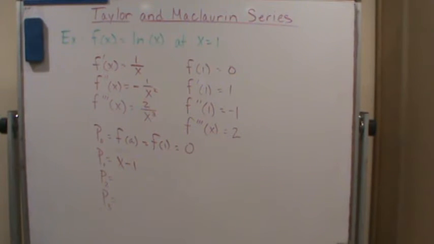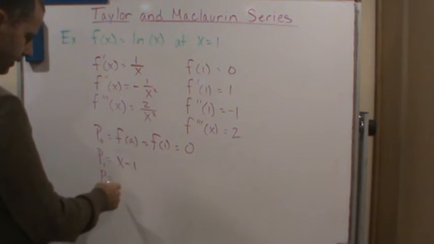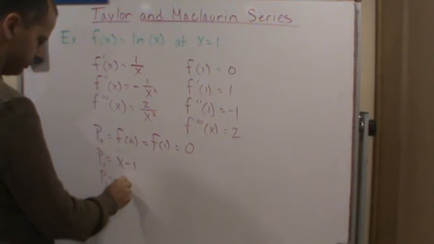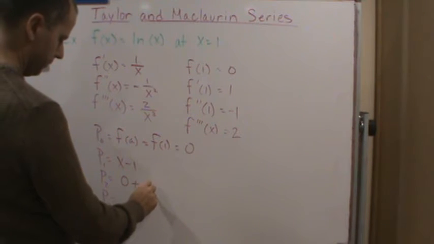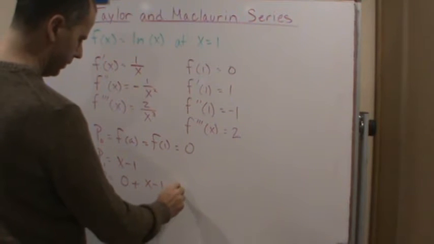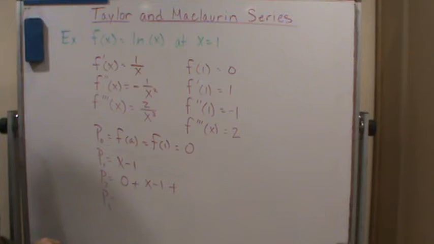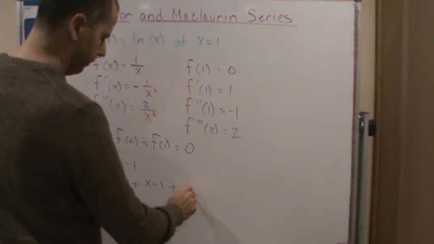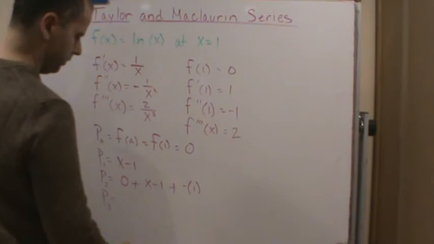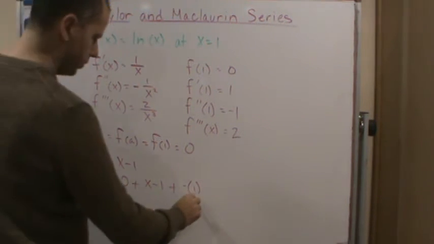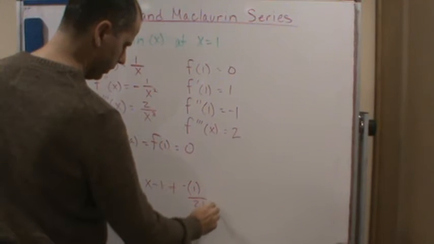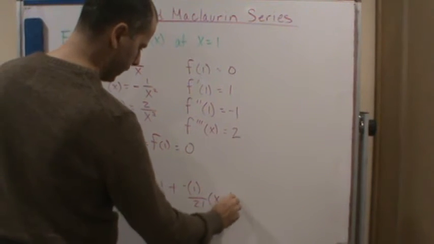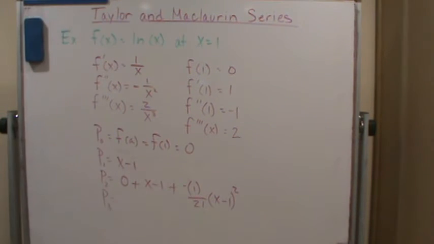Now, for the P sub 2, we get, again, the same thing. We get 0 plus x minus 1 plus, now we get what? It's going to be negative 1 over 2 factorial times x minus 1 squared, right?